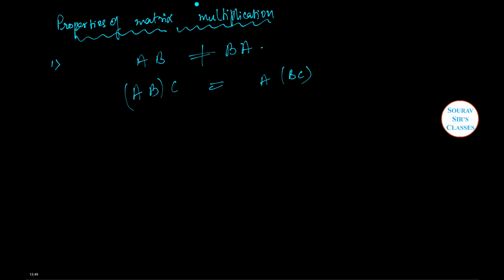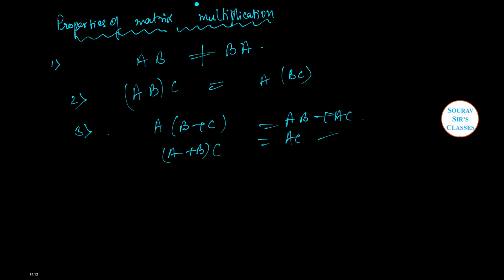The third property says that matrix multiplication is distributive over matrix addition, that is, A into (B plus C) is equal to AB plus AC, and (A plus B) into C is equal to AC plus BC.